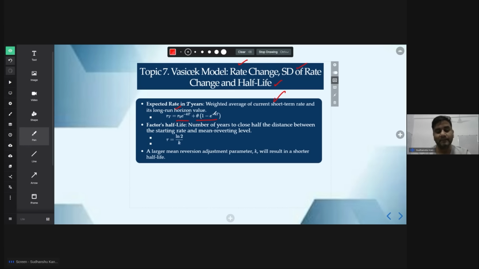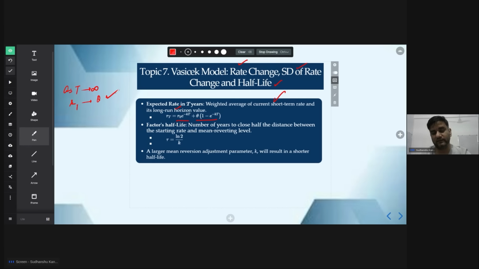So remember that when you look at the interpretation, please understand as t moves to infinity, rT moves to theta, right? So as the time period moves to infinity, rT is pulled towards the long run equilibrium, which is the theta value which we have known.